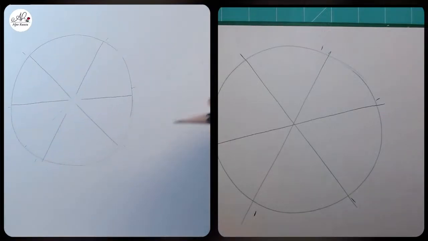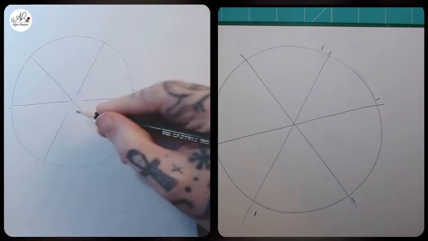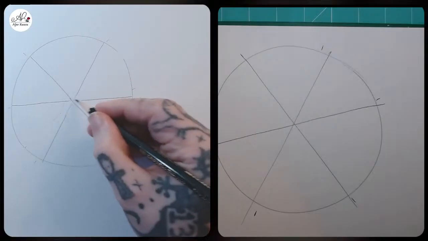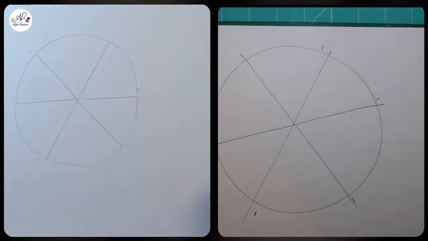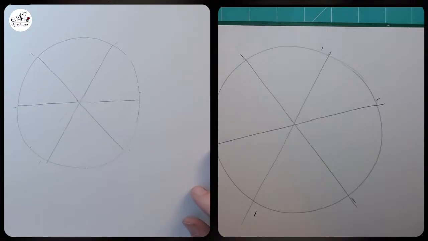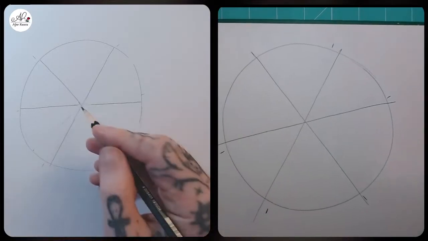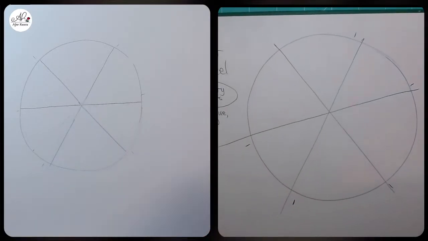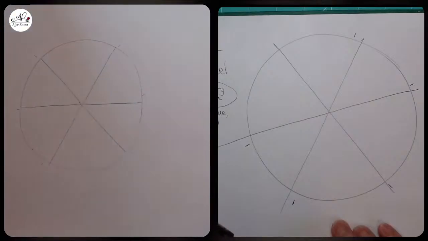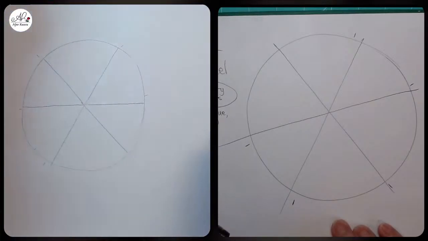Your primary colors are red, blue, and yellow. Now, why are these primary colors? We can't make these colors. We can't mix anything to create these. So these are the first colors.